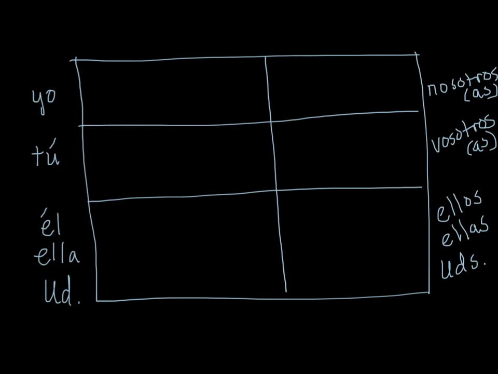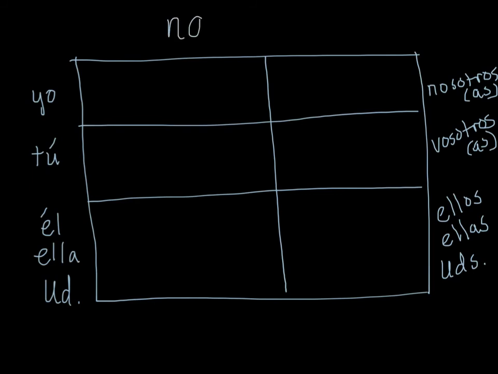Okay, so now let's take some time to practice. I'd like you to copy this chart down. So go ahead and pause the video. When you're done copying it down, turn it back on. Okay, now that you have the chart copied down, at the top of it we're going to put our AR verb.